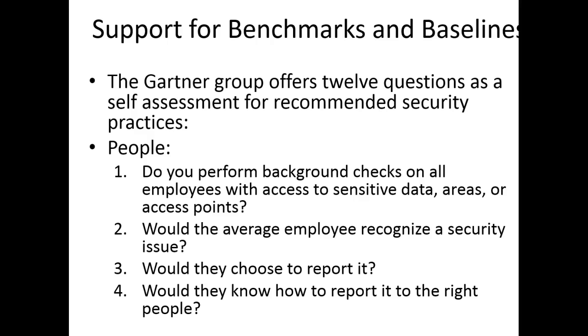These documents are available at the NIST website, and you can also look at search.org, and for more information about benchmarks and baselines, techforum.com, the Technology Manager Forum, and the Information Security Forum.